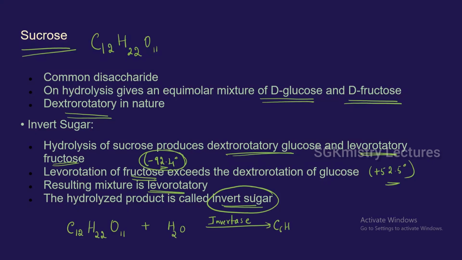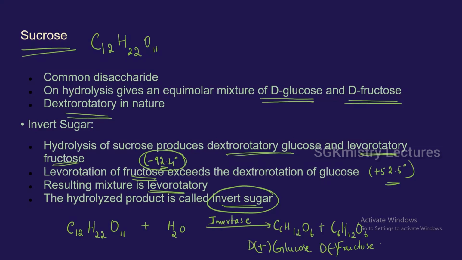So that's why we call this particular enzyme invertase. So you get glucose and fructose. This is glucose and this is fructose. This is D-plus-glucose. This is D-minus-fructose.